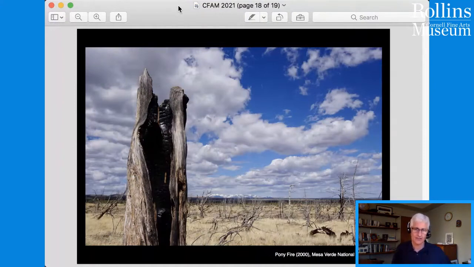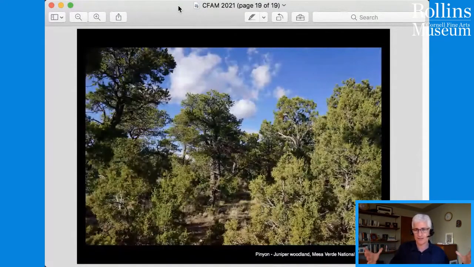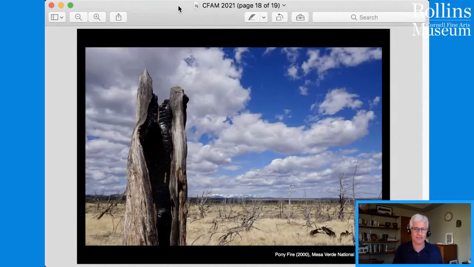This is a photograph I took up on Wetherill Mesa in Mesa Verde National Park. And this was an area that once looked like this. I'm sorry, it was a pinyon juniper woodland, which supported a wide range of wildlife and biodiversity. And today, that same landscape has really been reduced to a kind of ghost forest.